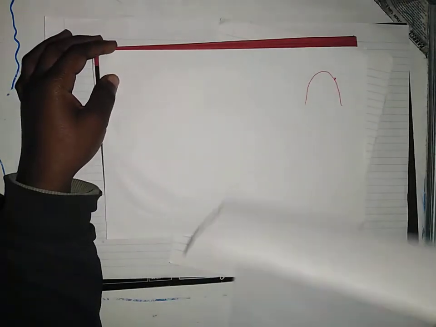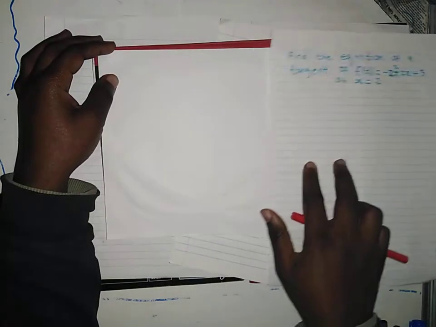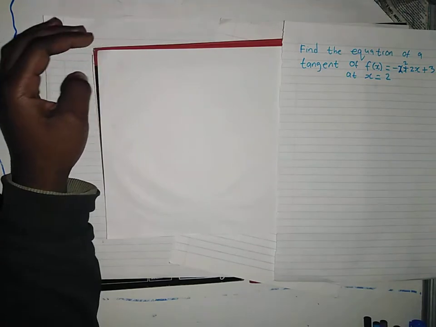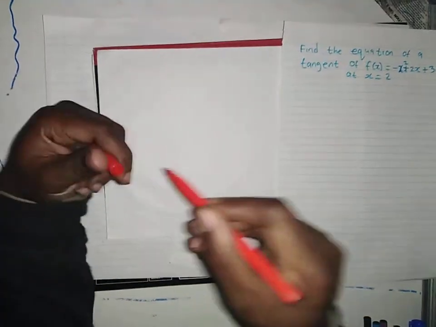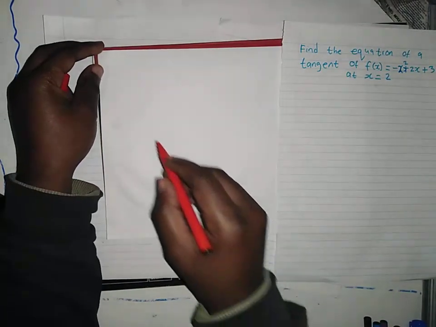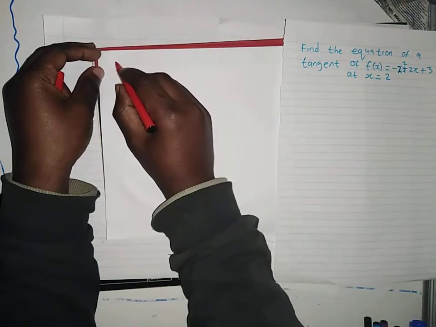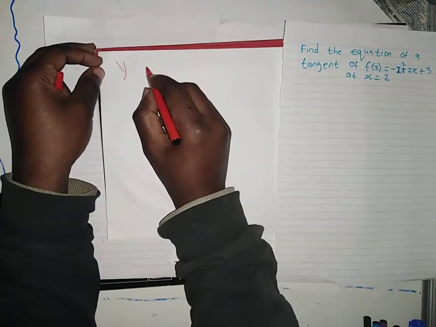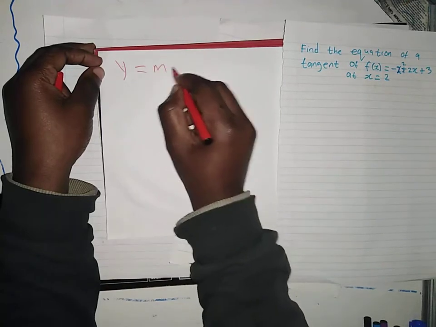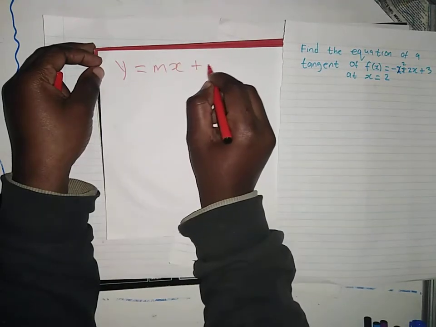Right. Okay. So we said earlier that a tangent is a line. So by virtue of being a line, ladies and gentlemen, that means that the equation it will take is y is equal to mx plus c.